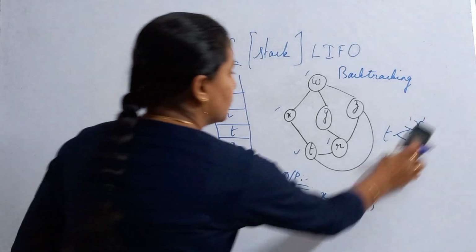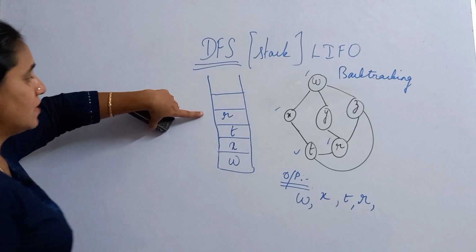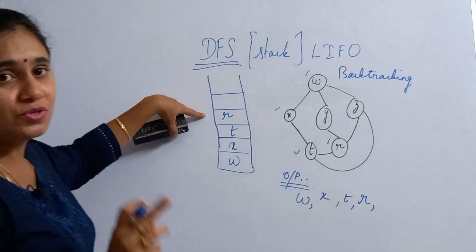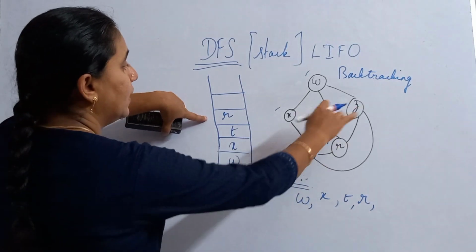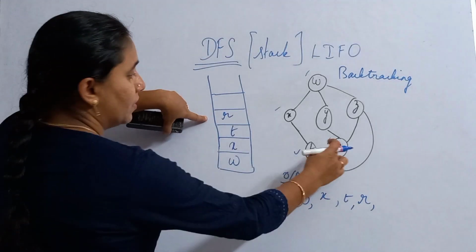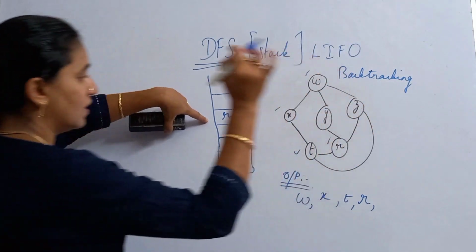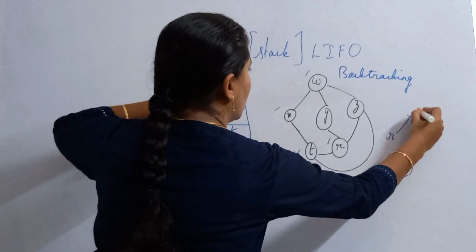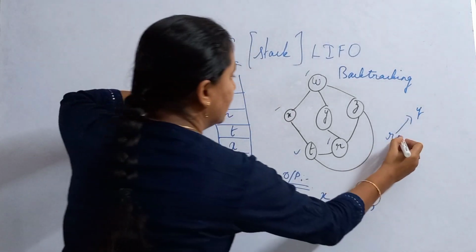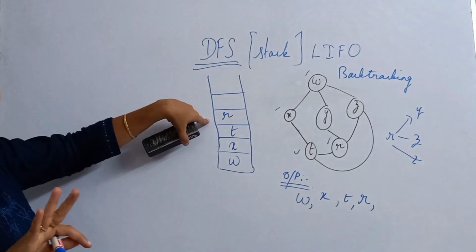Now the topmost element is R. From R you find all the adjacent elements present. From R, Y is adjacent, Z is adjacent and T is adjacent. So R has Y, Z and then T, three adjacent elements.